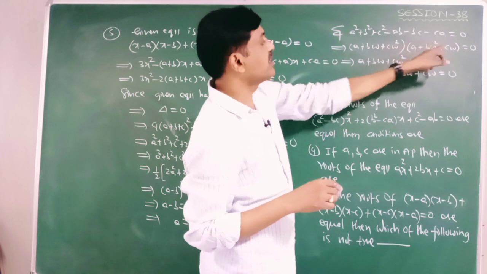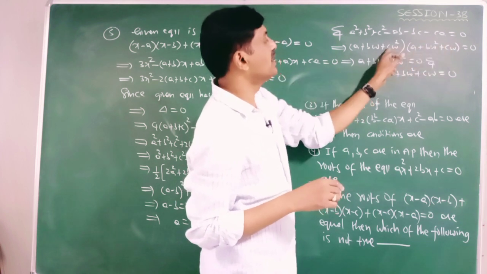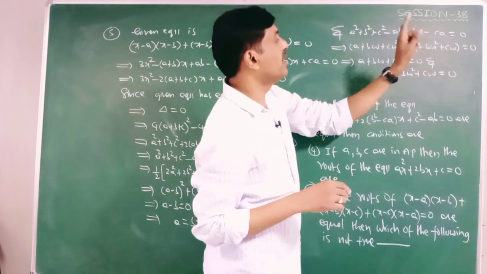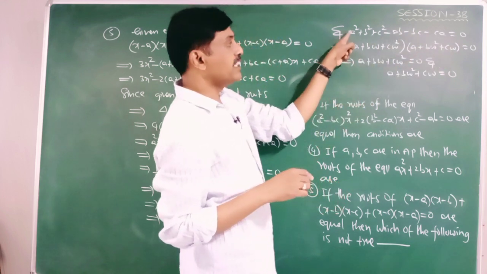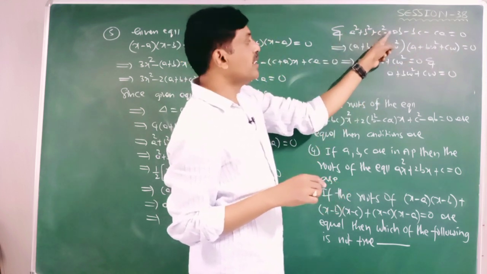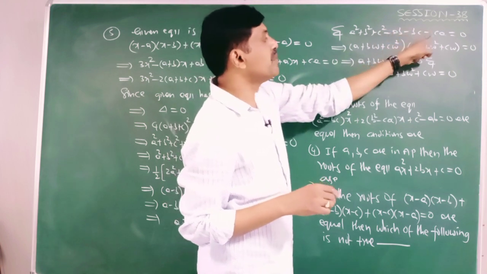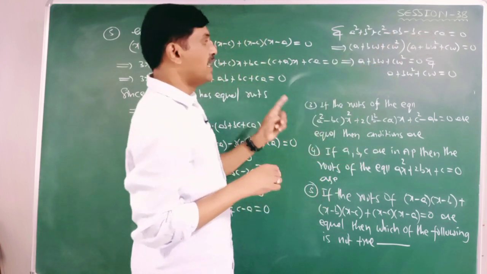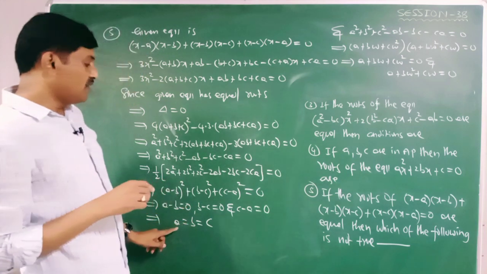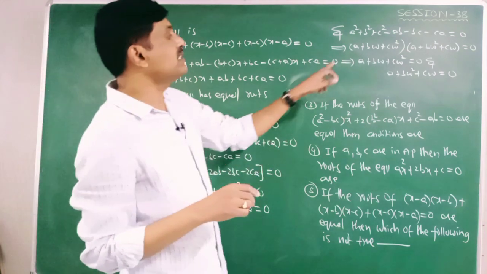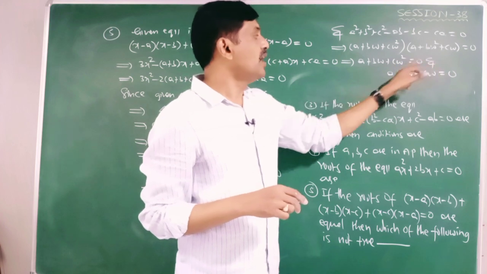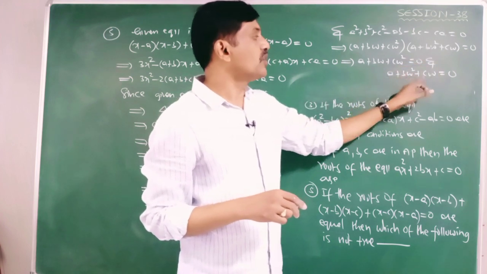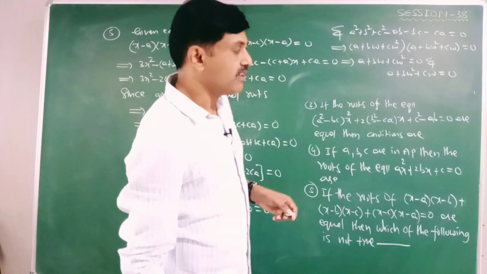Now c omega square into c omega, c square omega cube. Therefore we can write a square plus b square plus c square minus ab minus bc minus ca is equal to 0, which is nothing but a equal to b equal to c, and a plus b omega plus c omega square equal to 0, and a plus b omega square plus c omega is equal to 0.